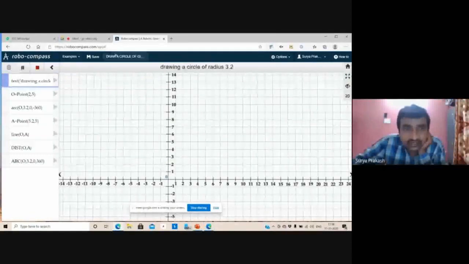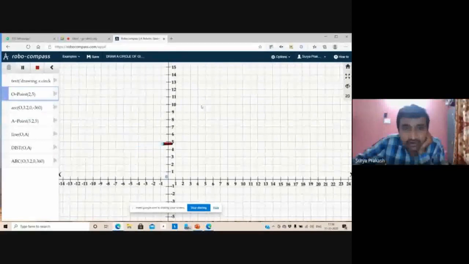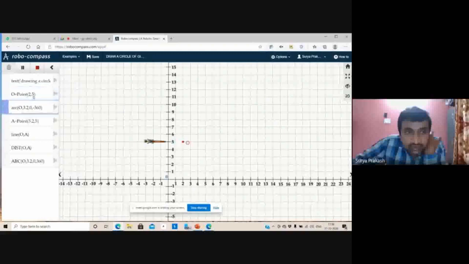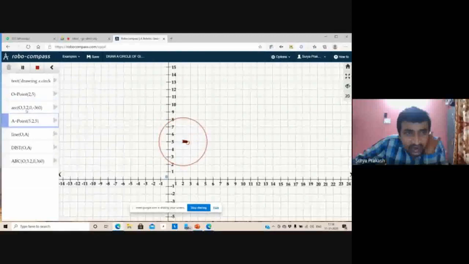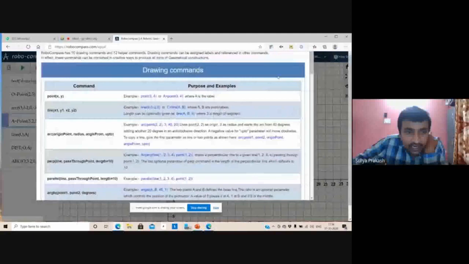So this is the task, drawing a circle of radius 3.2 centimeter. Now these are the steps I followed. First, I marked the point O equals (0,2.5). Then next, draw an arc. Here in this command, you can see the commanding tool. In order to draw an arc or a perpendicular line, these are the commands.